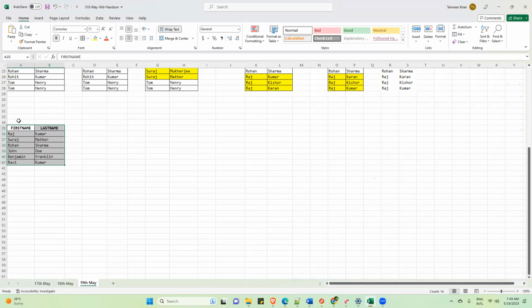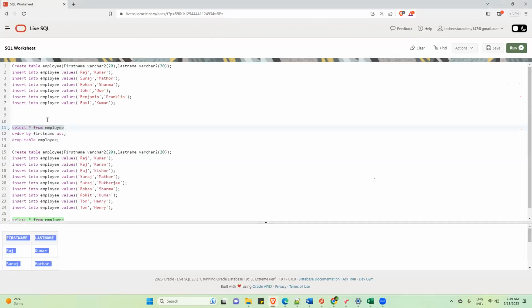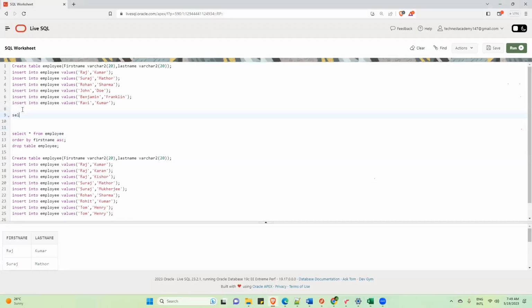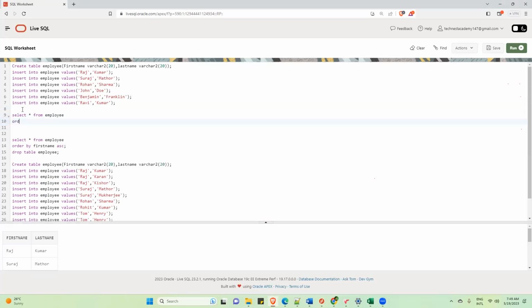This is our new employee table. For this data, now if I'm writing this query: select star from employee order by first name, comma, last name descending.